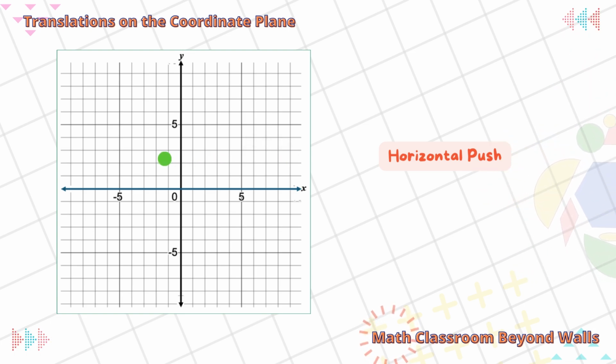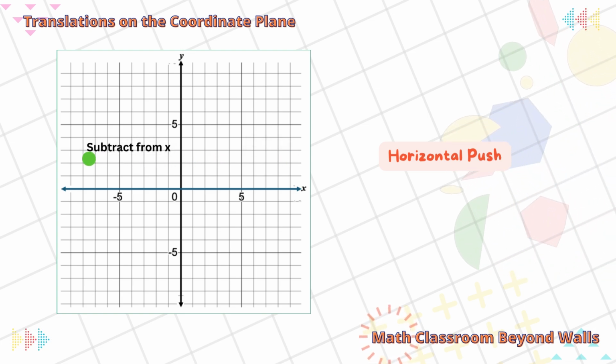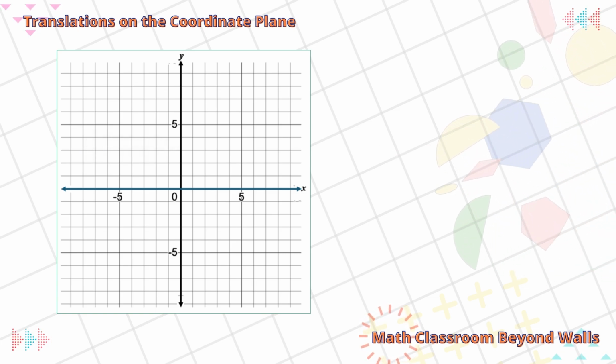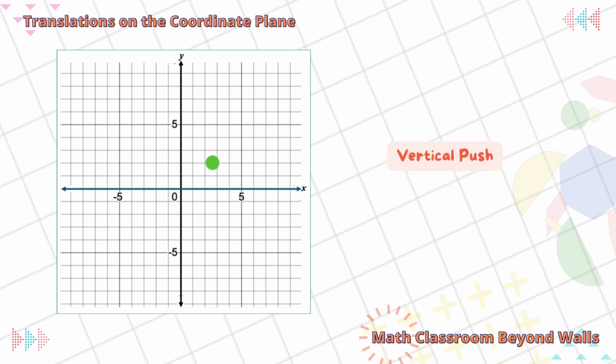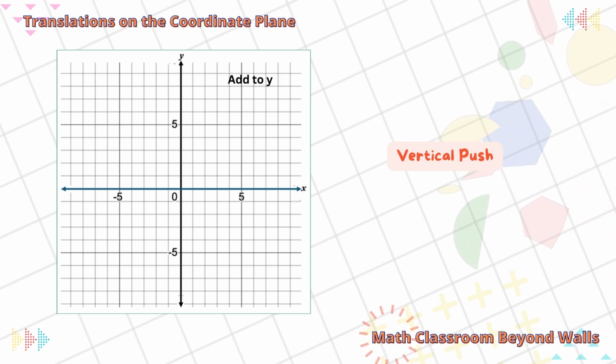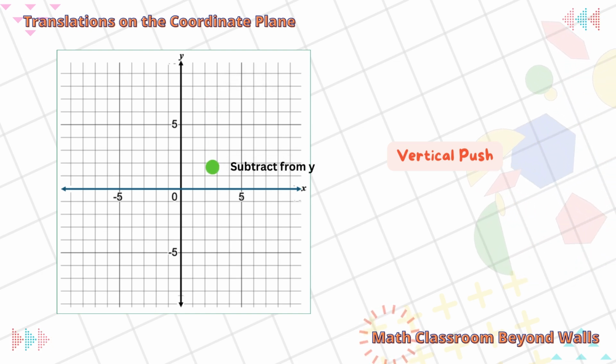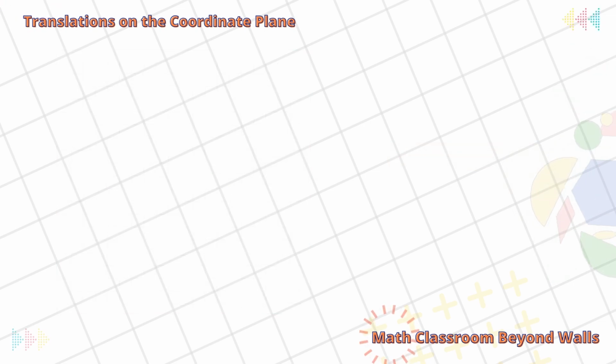A push to the left means subtracting number of units from the x-coordinate. On the other hand, an up or down push is along the y-axis, also called a vertical push. A push going up means adding number of units to the y-coordinates. A downward push means subtracting number of units from the y-coordinate.